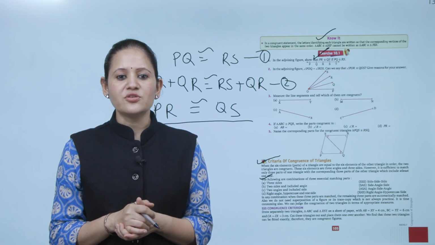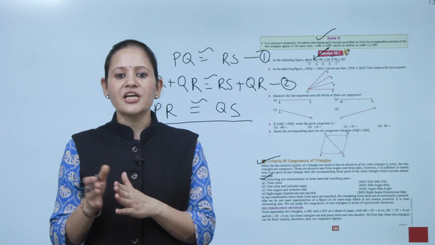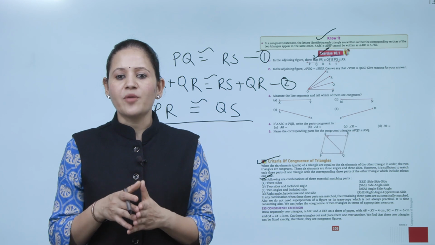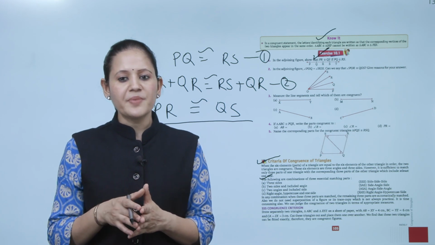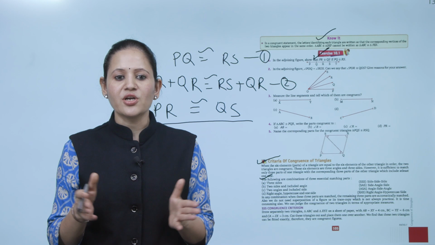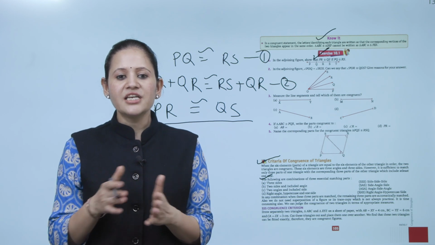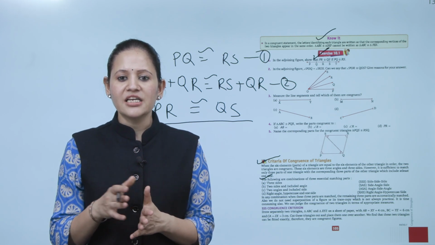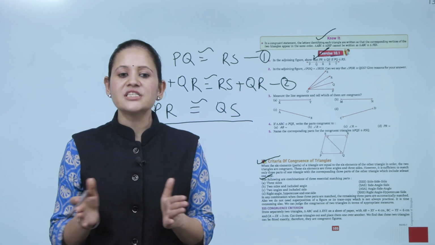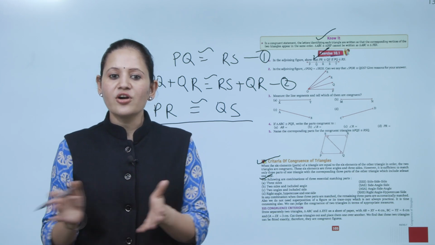Also, we do not need to superimpose the figure or its trace copy, which is not always practical and is time consuming. We can judge the congruence of two triangles in terms of appropriate measures. So, first is SSS congruence criteria.